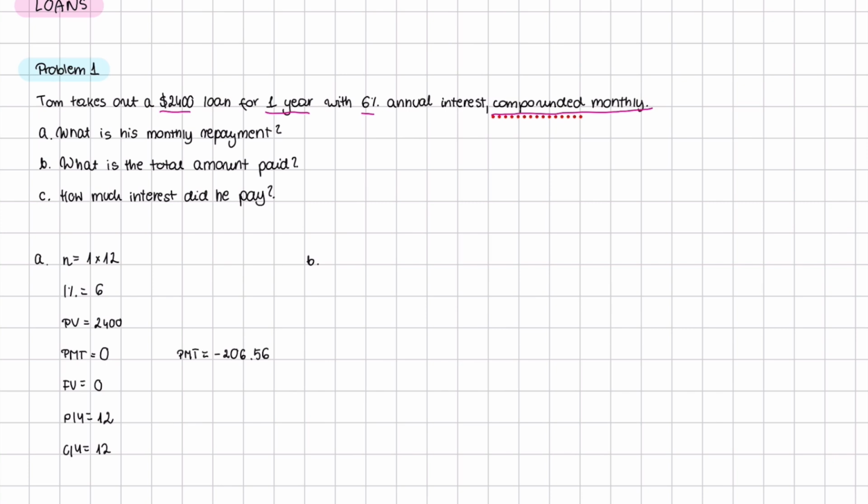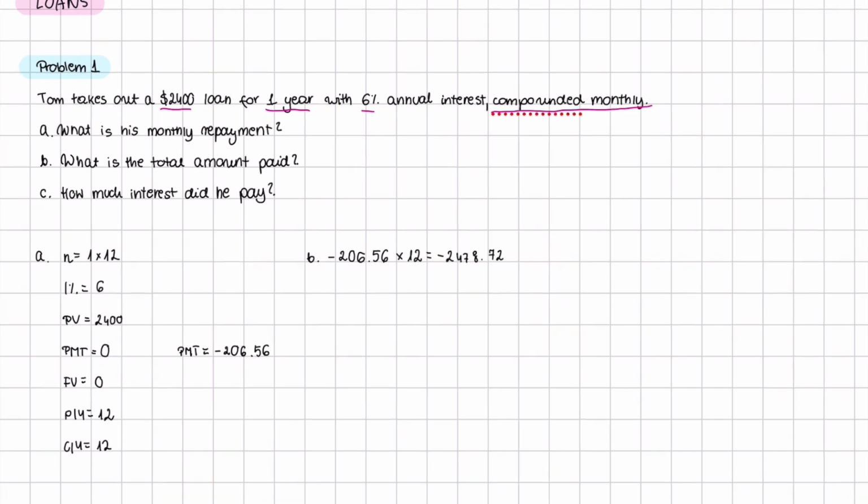In B, we have to calculate the total amount paid. So we know that Tom, his monthly repayment is minus 206.56, and he has to pay it for 1 year, but every month. So we just multiply it by 12.